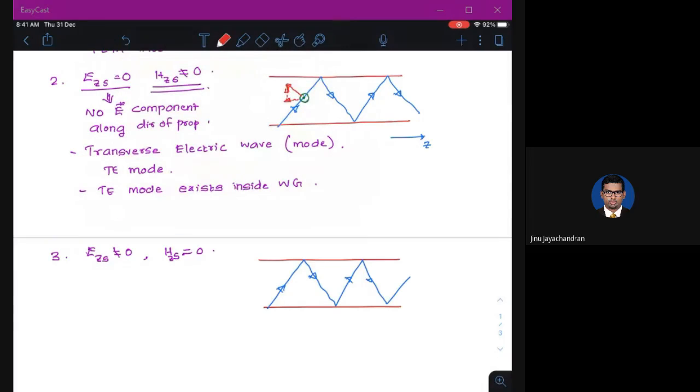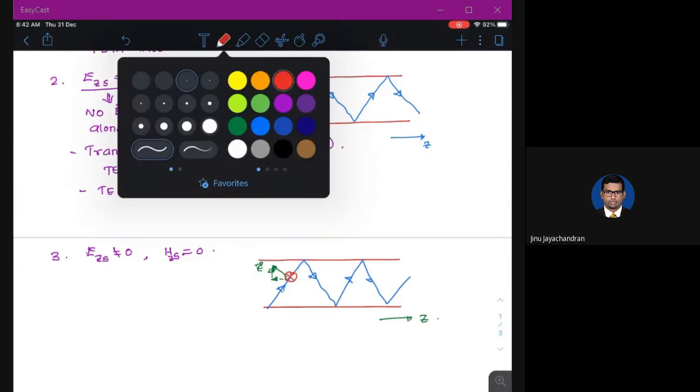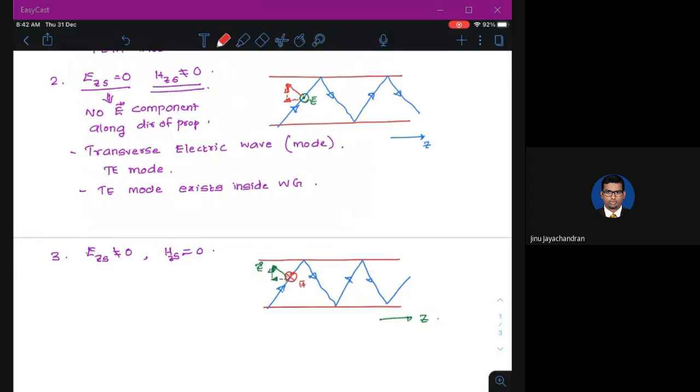Your magnetic field component is now perpendicular to the plane of paper, and your electric field component is now at some angle to the direction of propagation. So this electric field component can be resolved into two components, along Z and an arbitrary direction. So now you see that the electric field has a component along the direction of propagation. Let me mark this. This is E. Here also this is E. This is H. Here also this is H.